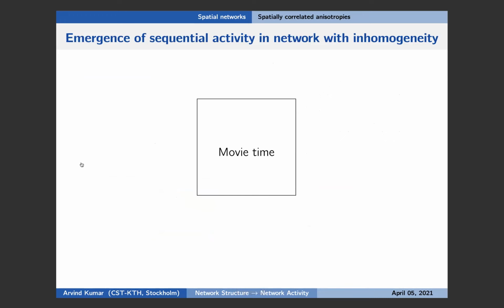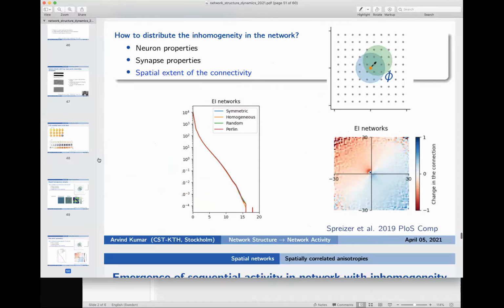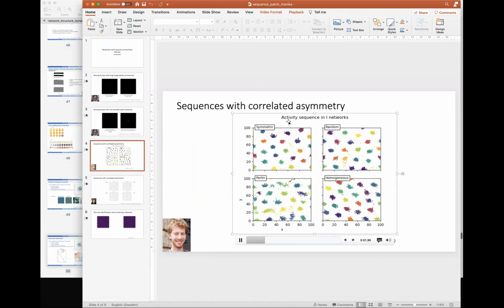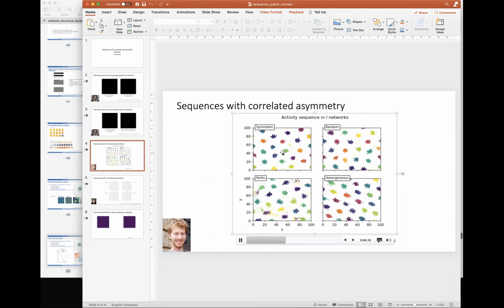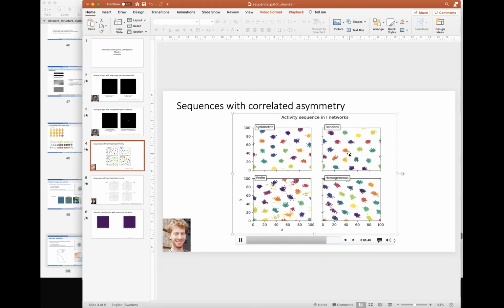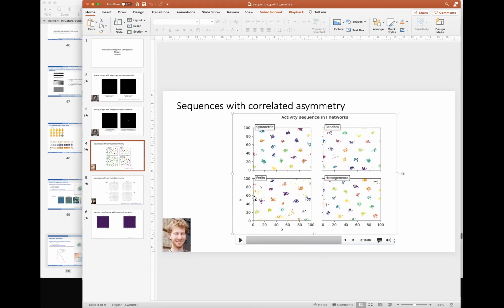So what comes out when we have this kind of connectivity? I think we can better appreciate it in movies. When we have no preference, we get this multiple bump solution. They are stationary. And as we introduce some randomness in the preferred connections, nothing really changes in the network.